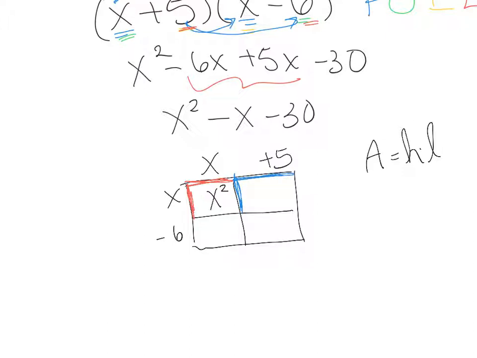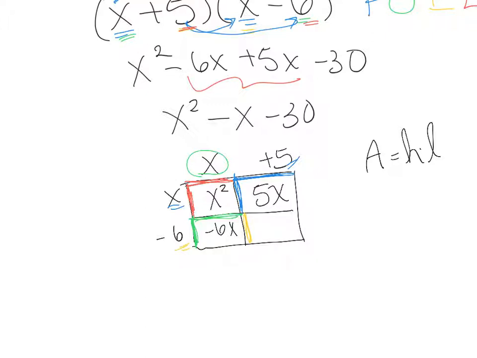So I know I'm multiplying x and my 5. So it's going to be 5x. And I know that this is my height, and then this, which is still this, is my length, and so I have negative 6x.